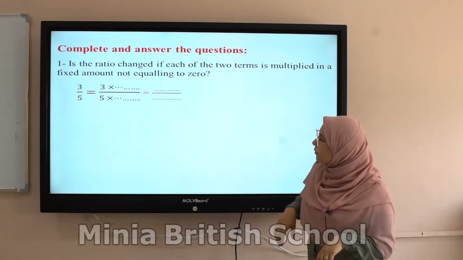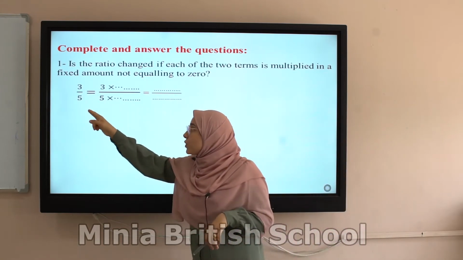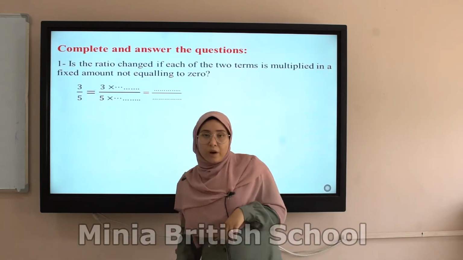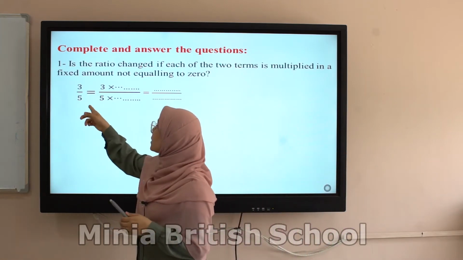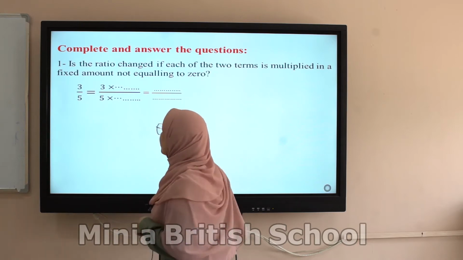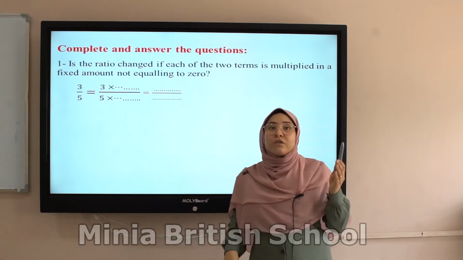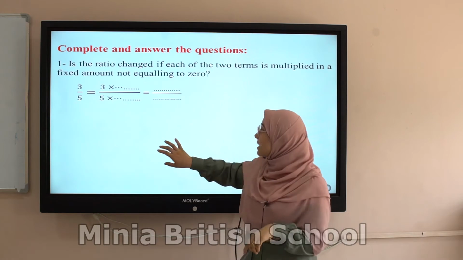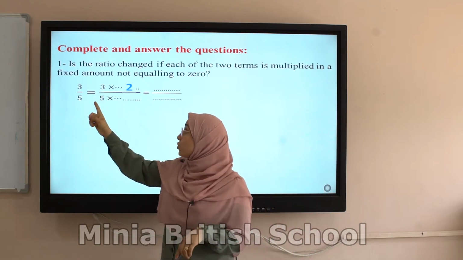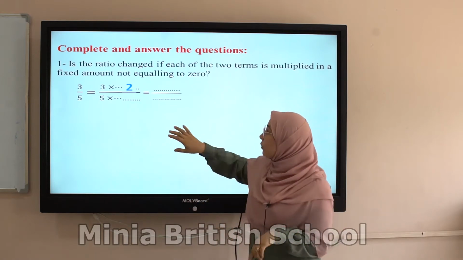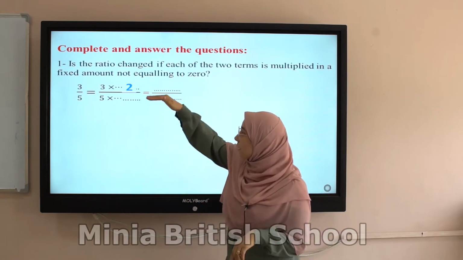Like the ratio 3 to 5. I will multiply the two terms of this ratio by a non-zero real number, here 2. So I will multiply this ratio up and down by 2.